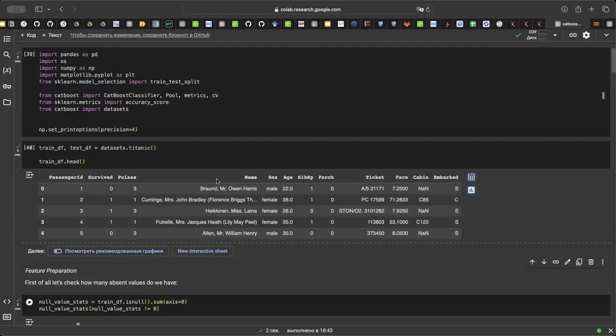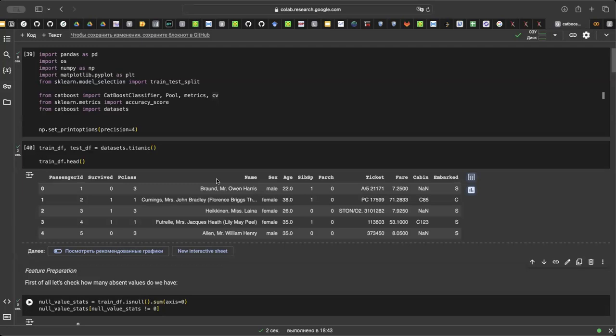A decision tree, how we would construct it? So the question was that there are some textual features, like name or something like this.